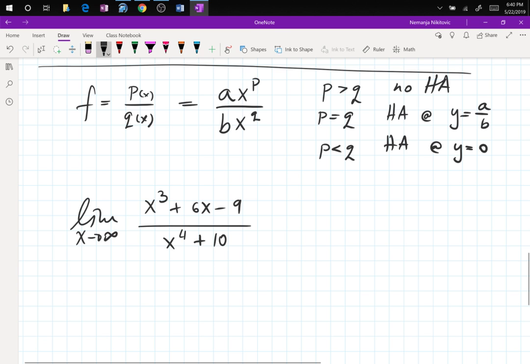Great, you're done. But in calculus, we learn now this limit, and if we solve this limit, we will get 0.